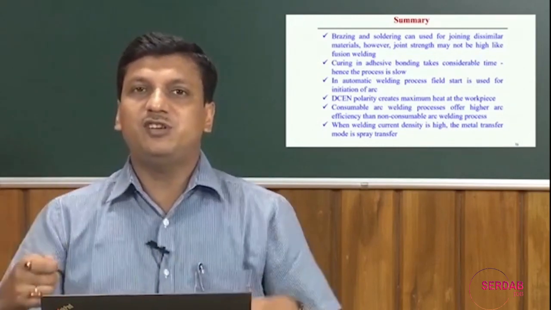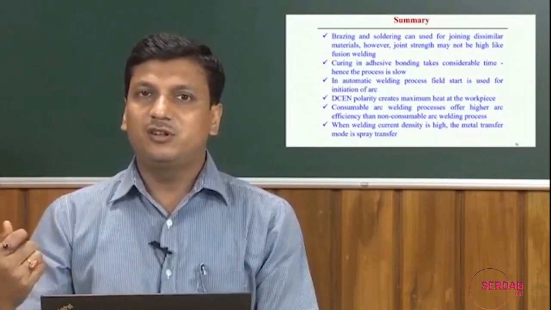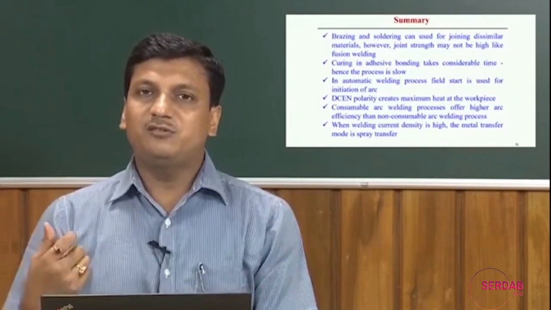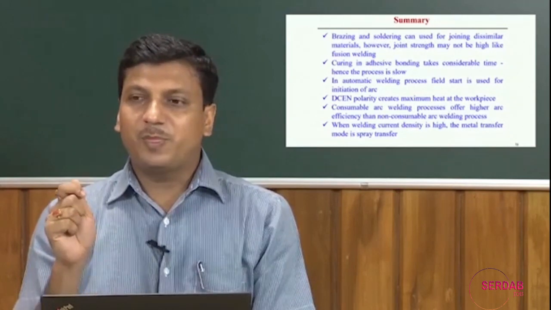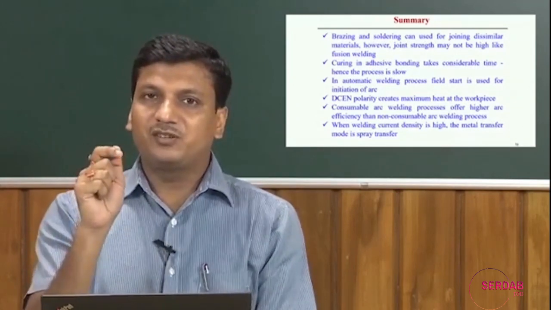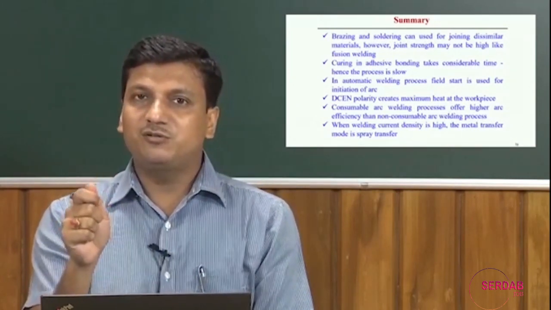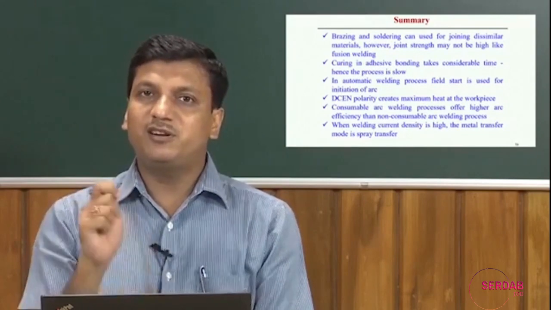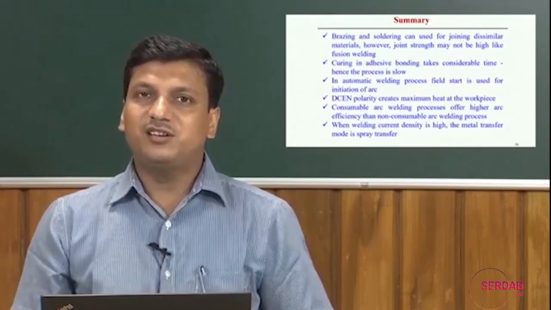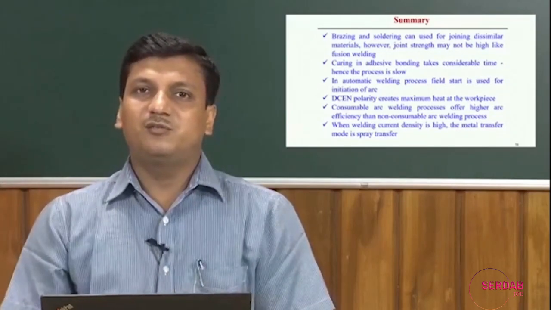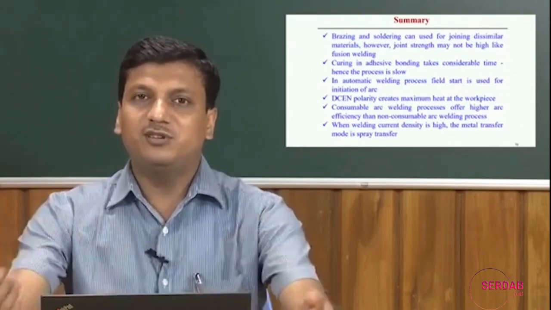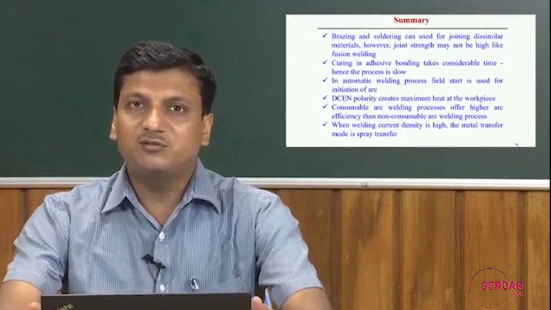Spray mode is well controlled, and it is more preferable when we want to join some intricate part of the component, or there is a requirement of metal transfer in that part. So, spray mode is the more preferable mode of metal transfer in welding with a consumable electrode.